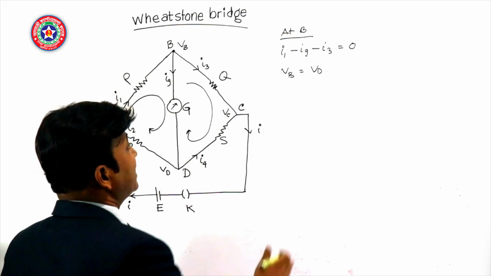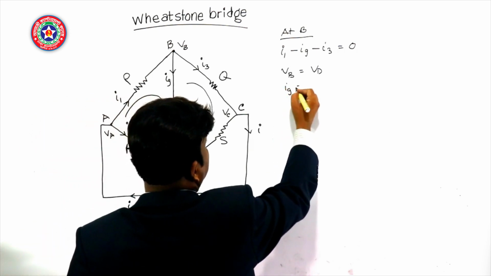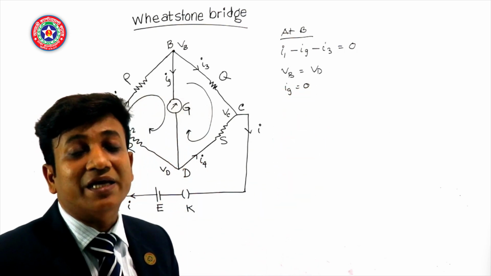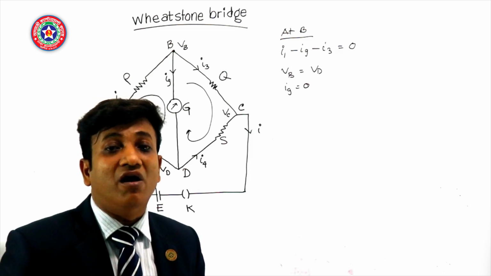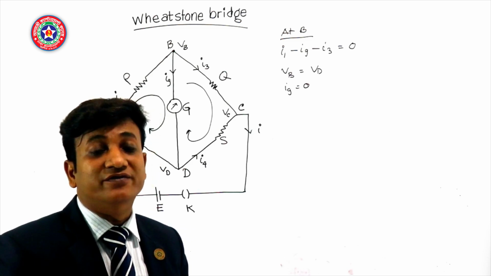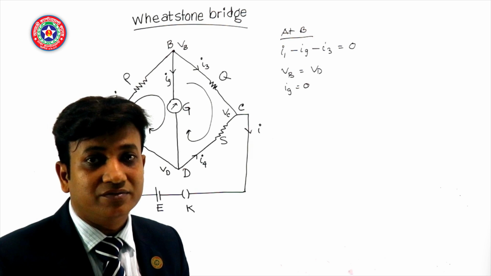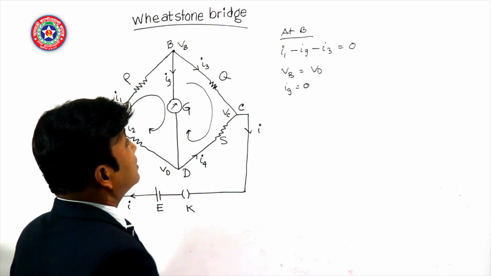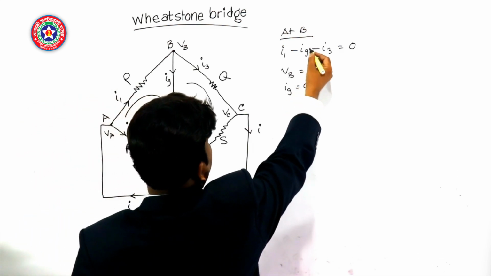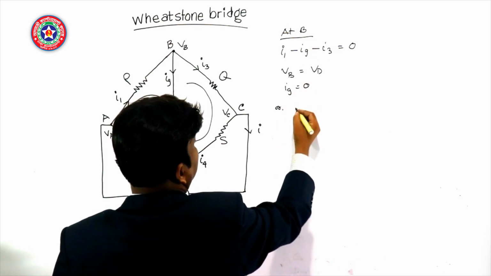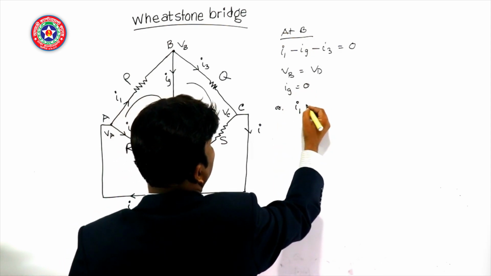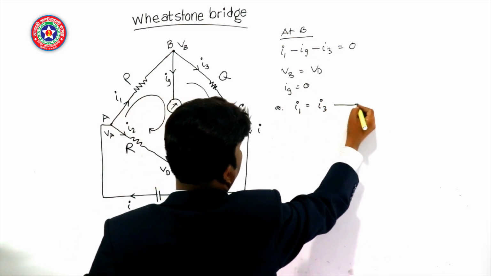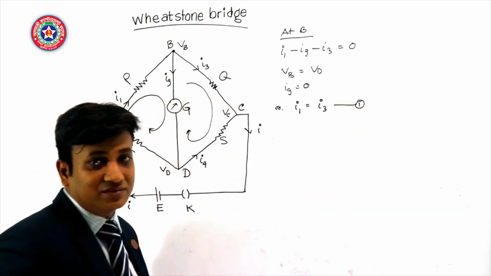That's why in this case IG will be 0. This is called the balance position or the null position of the Wheatstone Bridge. Now using IG equals 0, we get from the above equation I1 equals I3. We consider this equation 1.